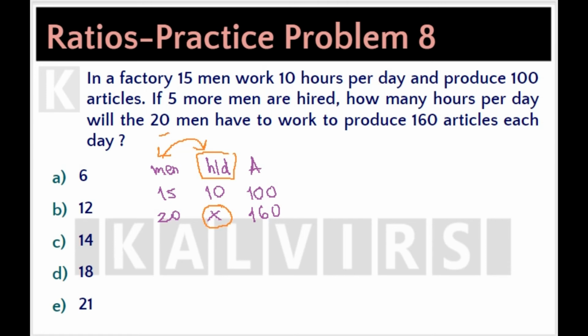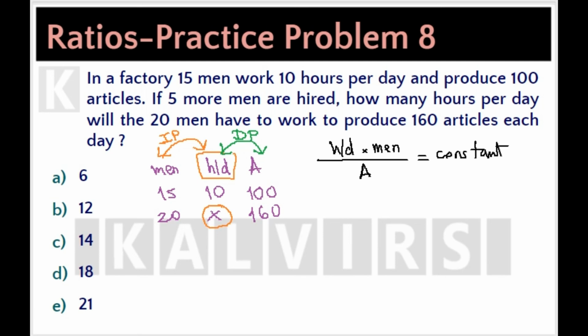Hours per day is inversely proportional to the number of men. Now, hours per day is directly or inversely proportional to the number of articles. So, hours per day is directly proportional to the number of articles. Therefore, hours per day times the number of men over the number of articles equals a constant.